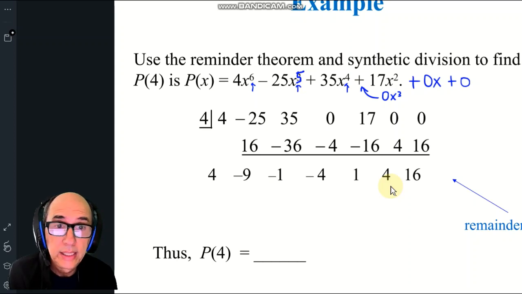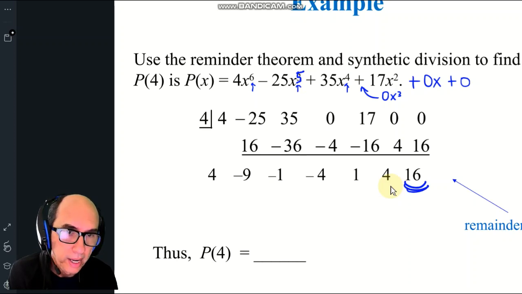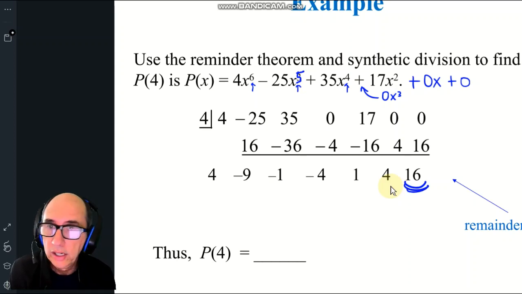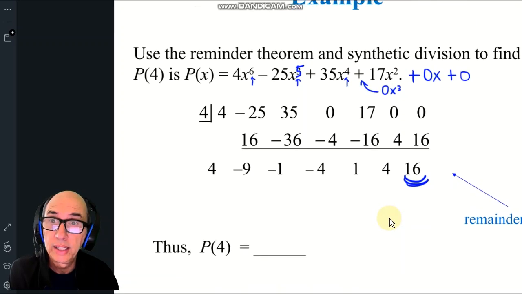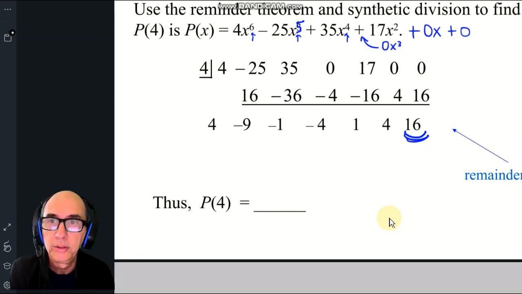Now this is the synthetic division. If you work out synthetic division, you will find this remainder. But there's another way of finding the remainder. If you have this kind of division that you can work as a synthetic division, you just plug in.